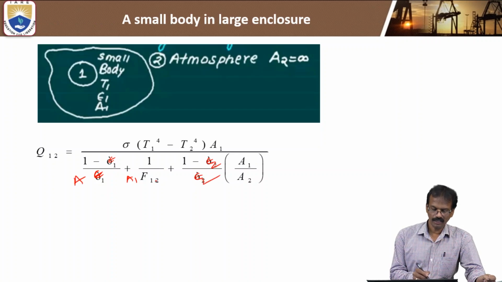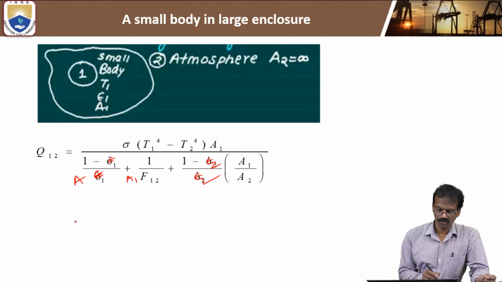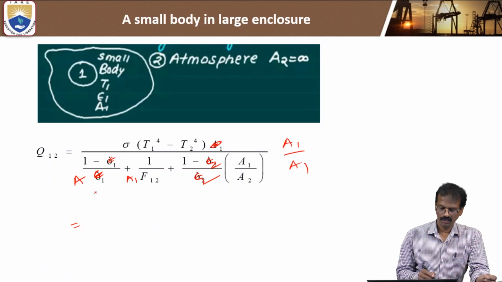You can rewrite the formula like this also: we take A1 as a common term, or we can multiply by A1 by A1, so here the A1 will be cancelled.